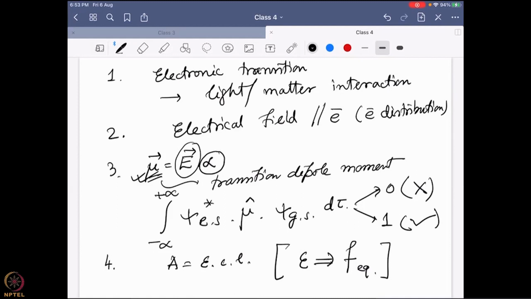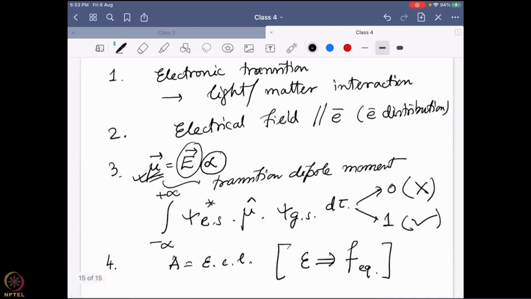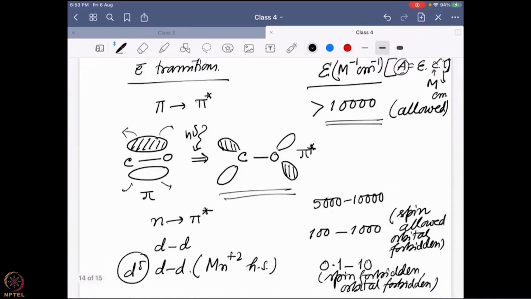Yes, hello, sir. Sir, LMCT and MLCT lie in which range in terms of epsilon? So LMCT and MLCT generally lie somewhere in between, and it depends on how much of the LMCT and MLCT you are doing. For example, it depends on the symmetry and other factors, how much it is allowed.